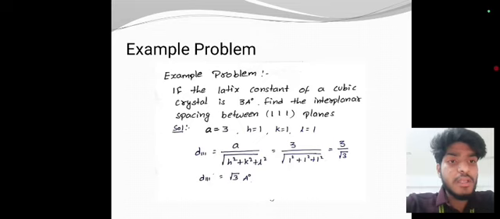Now d is equal to a by root of h square plus k square plus l square. This is the interplanar distance. Substituting the values, we get 3 by root of 1 square plus 1 square plus 1 square, equal to 3 by root 3. Solving, we get d equal to root 3 angstrom. In this way we can solve problems using the interplanar distance.